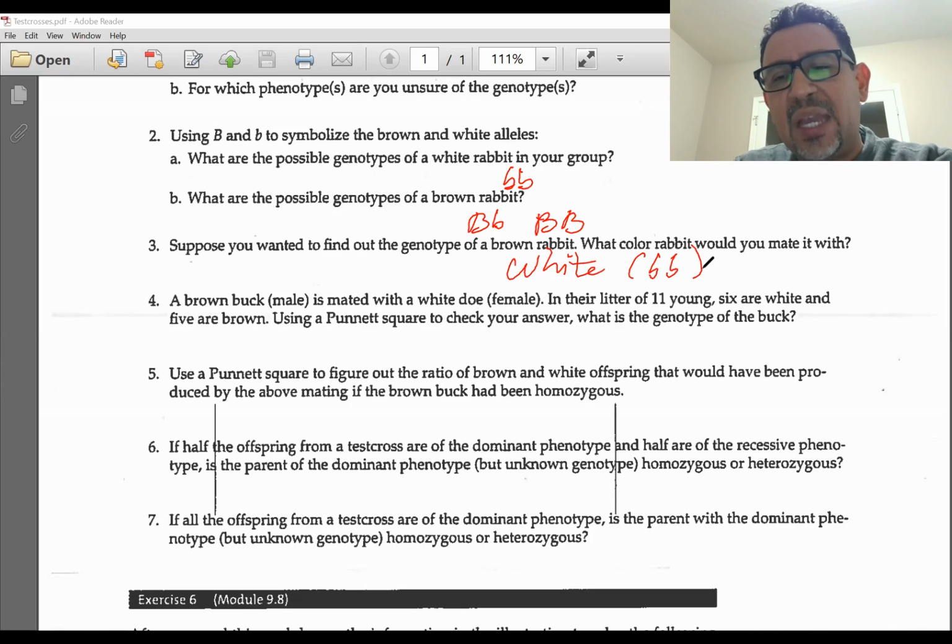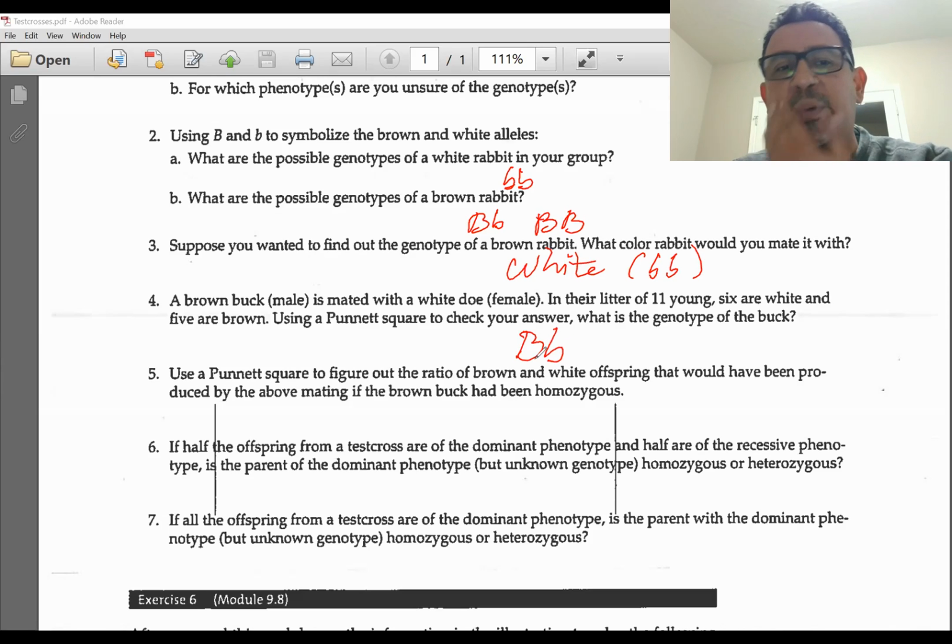Look, if you have a brown rabbit and some of the offspring are white, the only way this rabbit can have white offspring is if he himself carries one of those recessive, white alleles. So this brown rabbit has to be a heterozygote in order to produce offspring with the recessive characteristic.